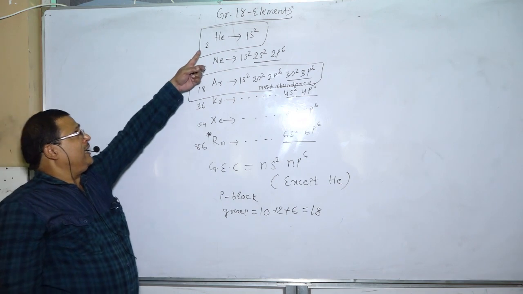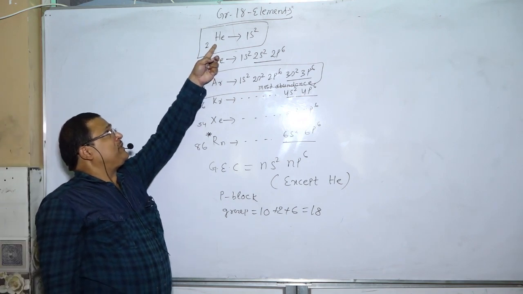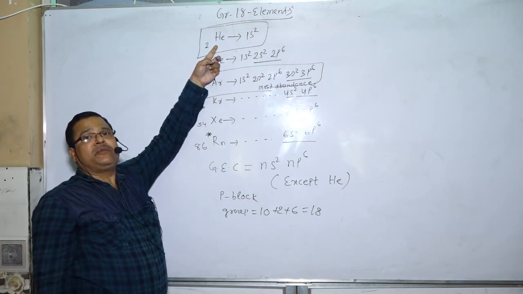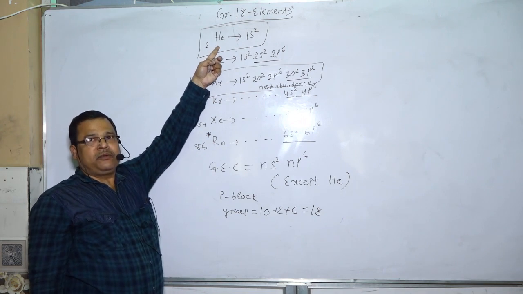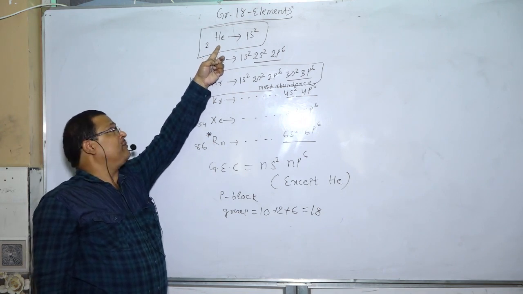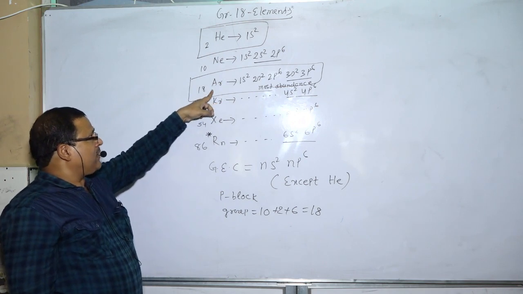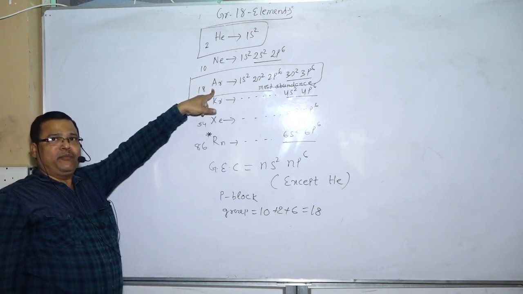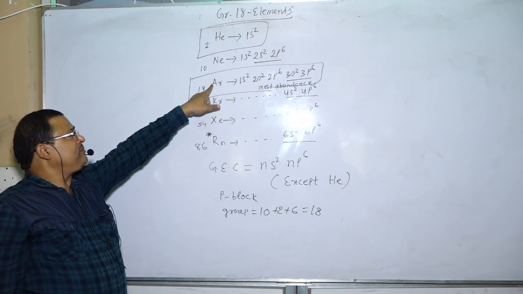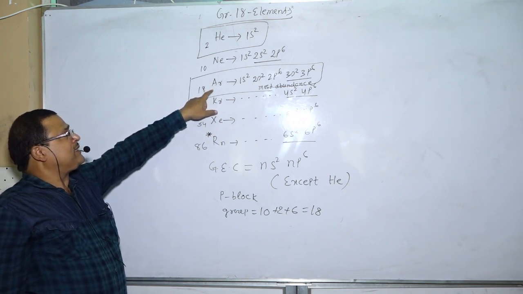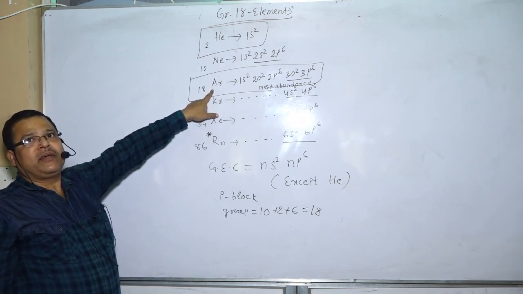Helium is found in the atmosphere of the sun, because of the nuclear fusion of hydrogen to form helium. And argon is most abundant. This is one of the most important short questions: which inert gas is present in the atmosphere to the maximum extent?